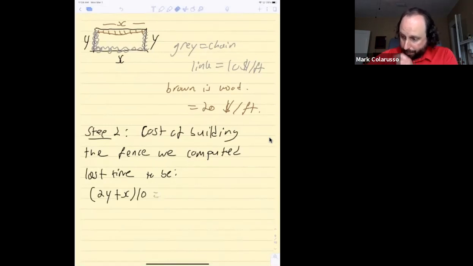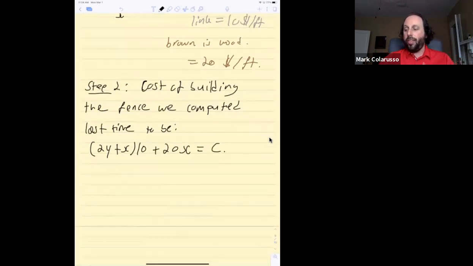Oh, sorry, plus the cost of the wood side, which is that. So that's the cost of the fence, I'll call C. Right, so we computed that. That was our constraint equation last time. Now it's the equation we want to optimize.